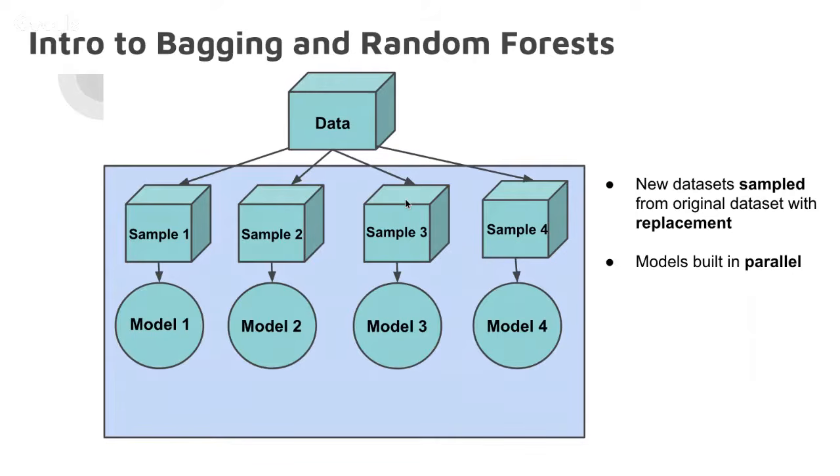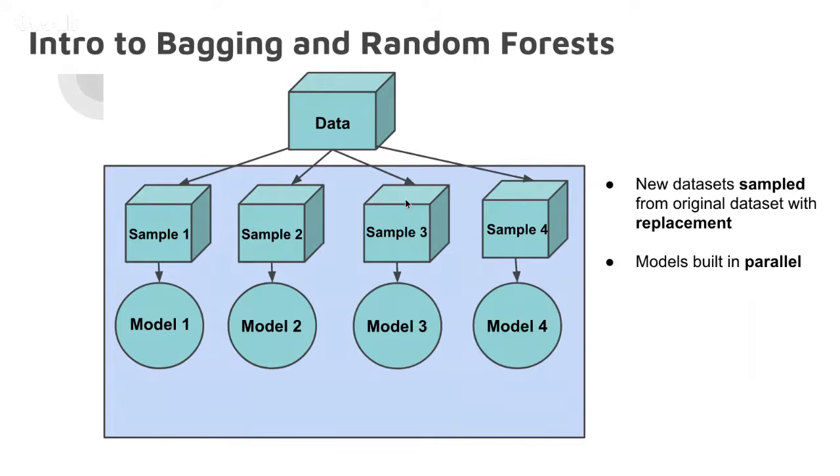So we start with our data set, and from this data set we build as many samples of the data set as we want. Here we've chosen, for example, to build an ensemble of 4 models. What we're going to do is sample from the original data set with replacement, meaning that some of the initial observations will be duplicated. Some of them will be unique.